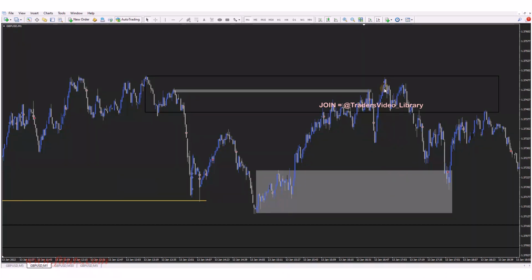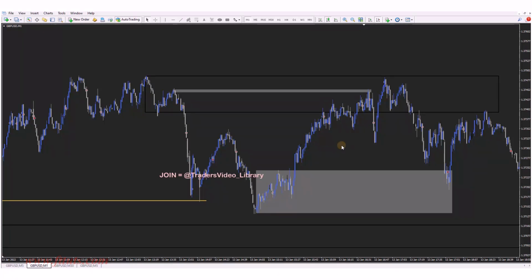And here on top, we can see the imbalances appeared, and they were broken. So the buyers didn't want to hold this price. It was not enough push, and these imbalances were broken. There are 2 kinds of entries.